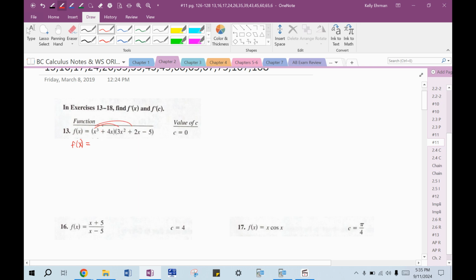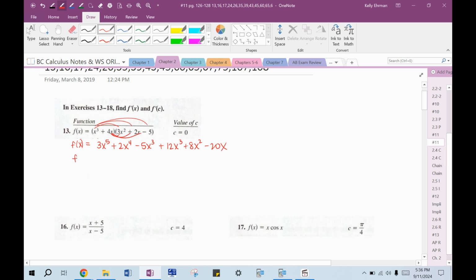So distribute the x to the third all the way through. So this is 3x to the fifth plus 2x to the fourth minus 5x to the third, and then distribute the 4x through, so that becomes plus 12x to the third plus 8x squared minus 20x.